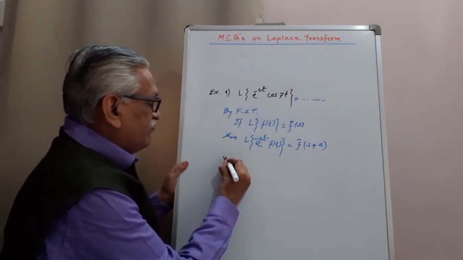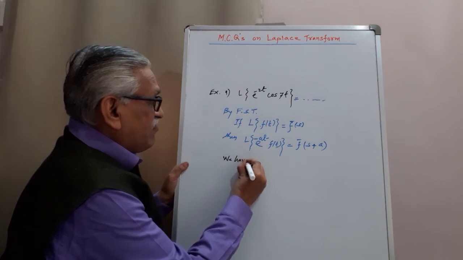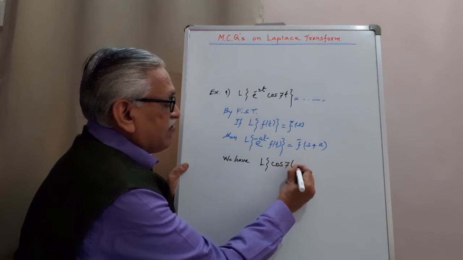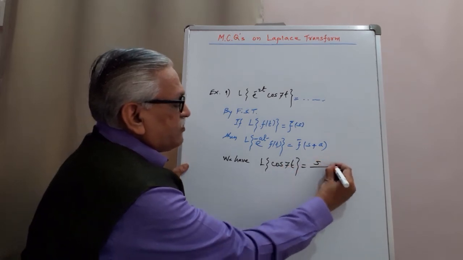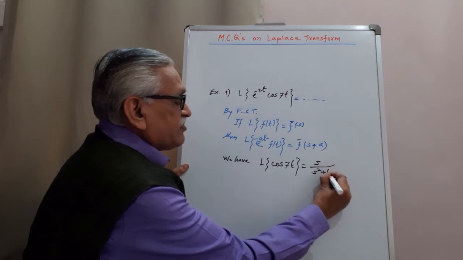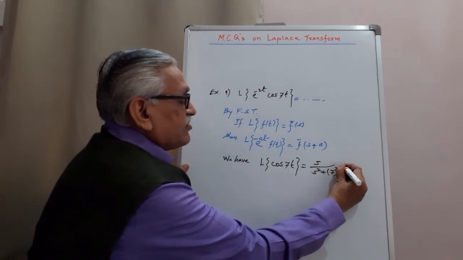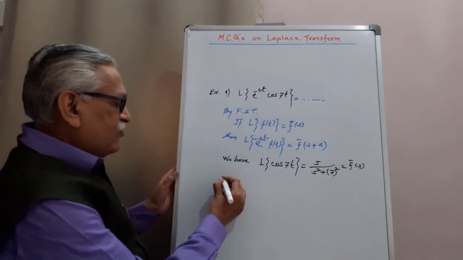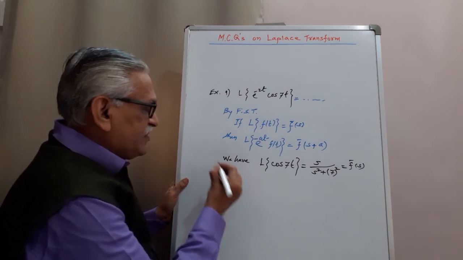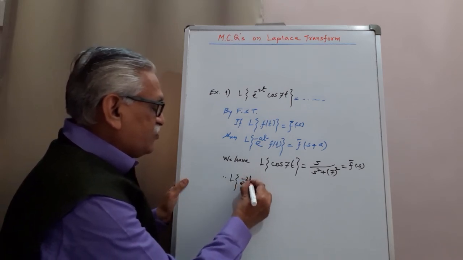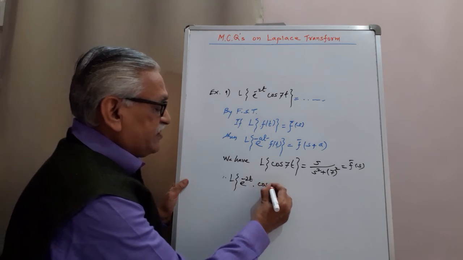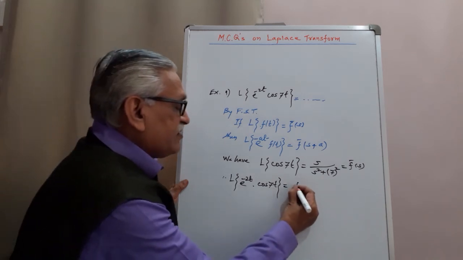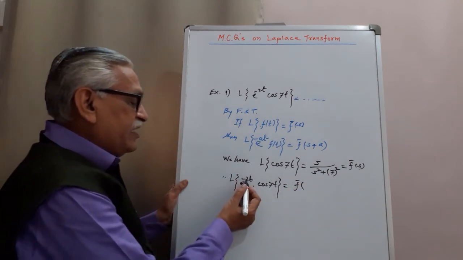And therefore here we have Laplace of cos of 7t, which is s upon s square plus 7 square. We call this f bar of s, and therefore by the first shifting theorem, Laplace of e raised to minus 2t into cos of 7t is obtained by replacing s by s plus a, which is here 2.